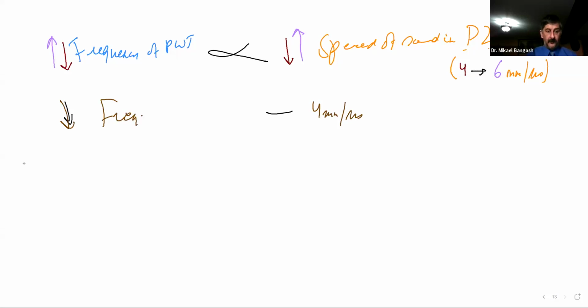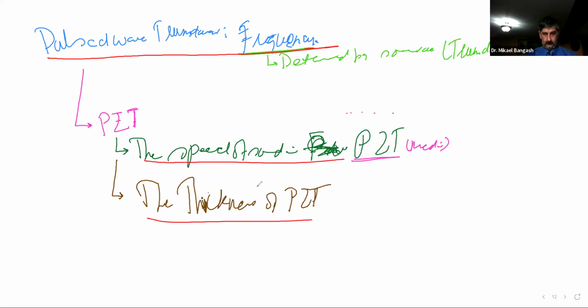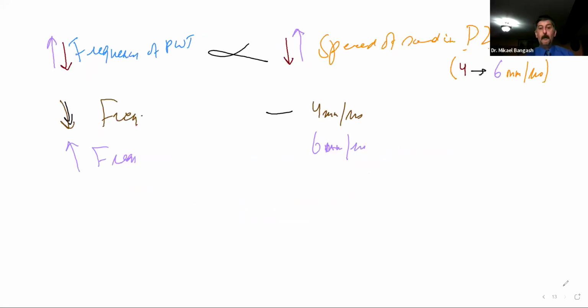Whereas on the other hand, if it was 6 millimeters per microsecond, the speed of sound through the PZT, that would have been a high frequency transducer. Clear? Okay. Did you guys get that? Yes.